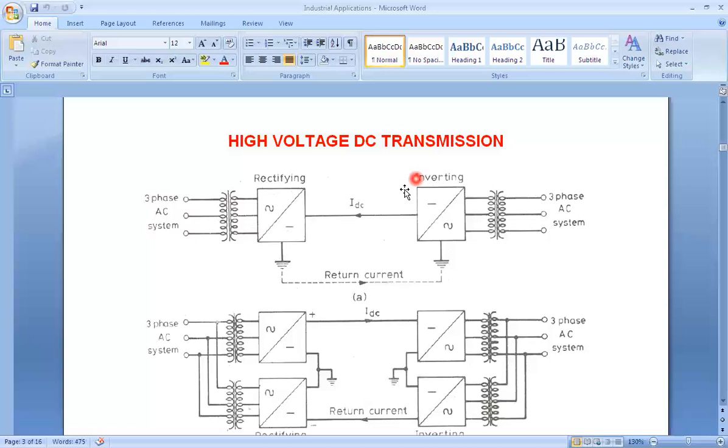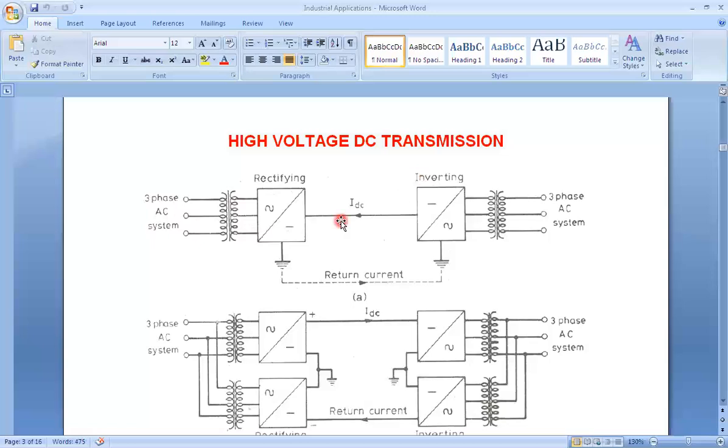Here the main cost is the conversion from AC to DC and DC to AC. So this is the major disadvantage of HVDC transmission system.